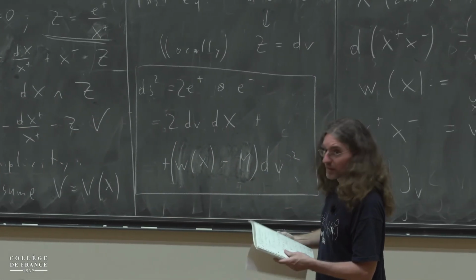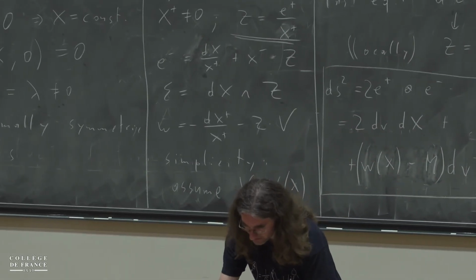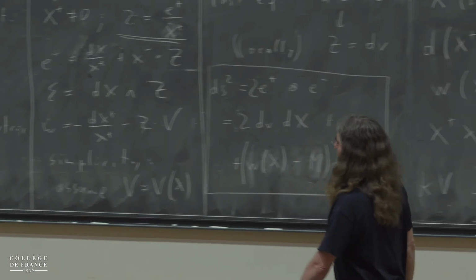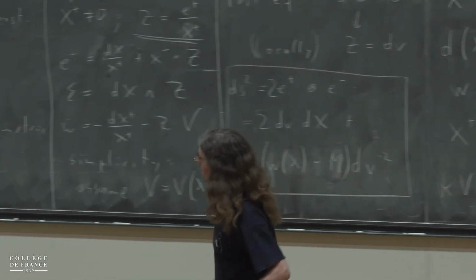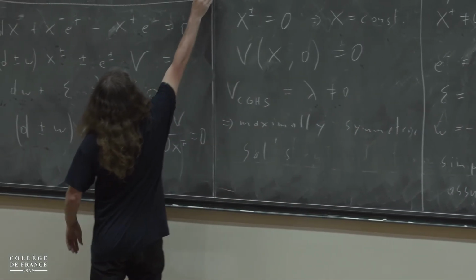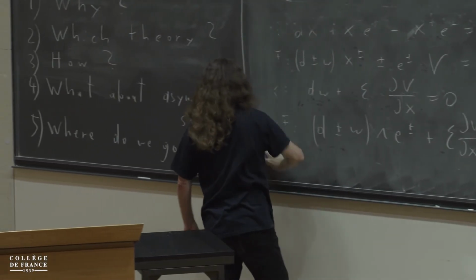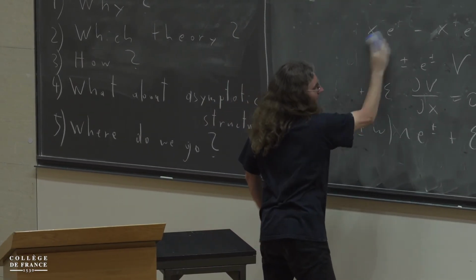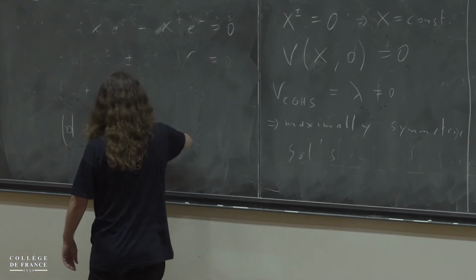All right. So we have 10 more minutes, and I wanted to end this with a simple example. One of the simplest examples, besides the JT gravity model, is this CGHS model. So let's focus on this. In that case, v is just a constant, and that means the function w is just linear.